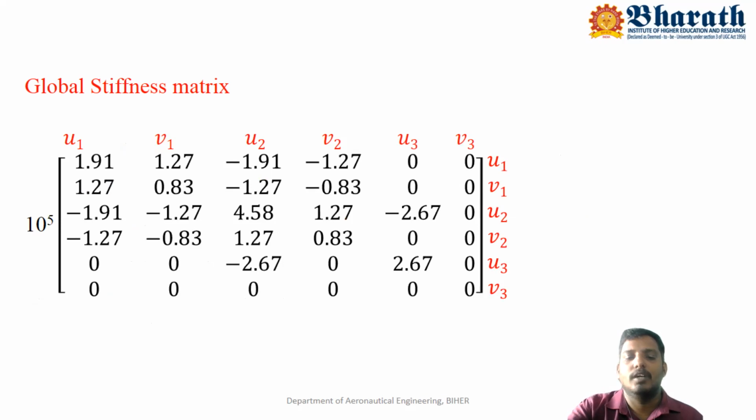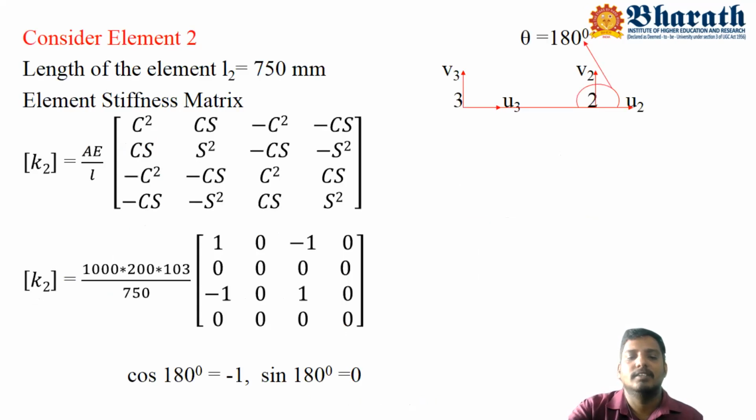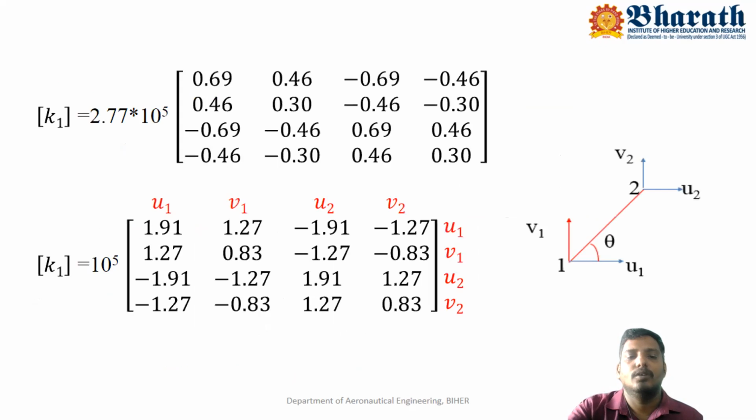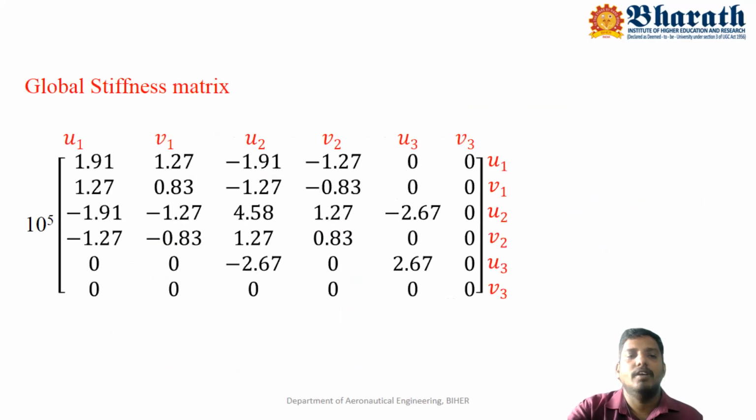We go to K2, the U2, V2 combination, whose value is 0. Then in the element 1 stiffness matrix, the U2, V2 combination is 1.27. Therefore, 1.27 plus 0 gives 1.27. The same way, we assemble the stiffness matrix and finally arrive at the global stiffness matrix.